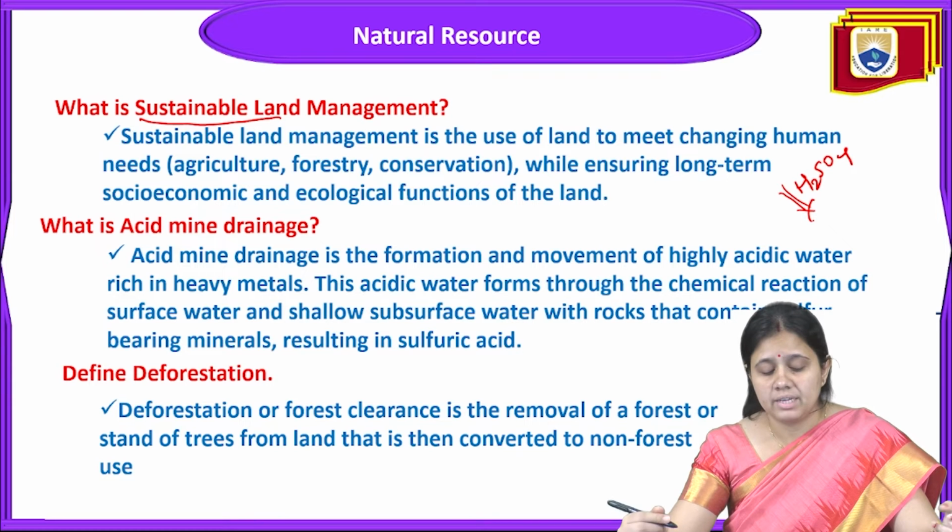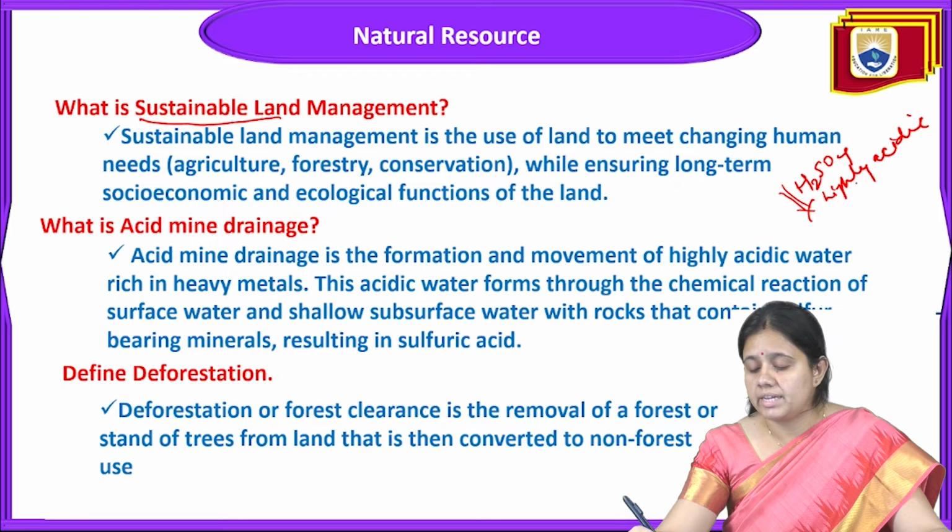H2SO4. Acid mine drainage is basically the formation and movement of highly acidic water, in combination with some toxic metals, that will enter into the land.